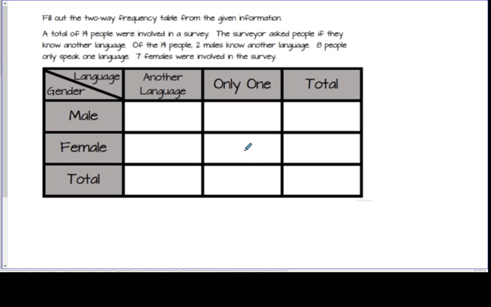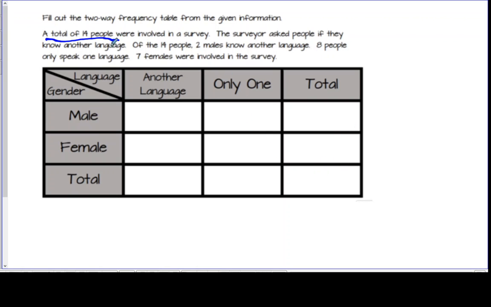On the next one, you had to complete the table with the information that you're given. So when you have tables like this to complete, just make sure and read the information carefully, and it will start to give you clues on what squares you can fill in. What are we told right here? A total of 14 people were in a survey.